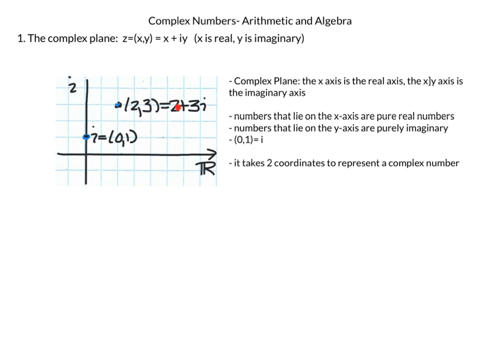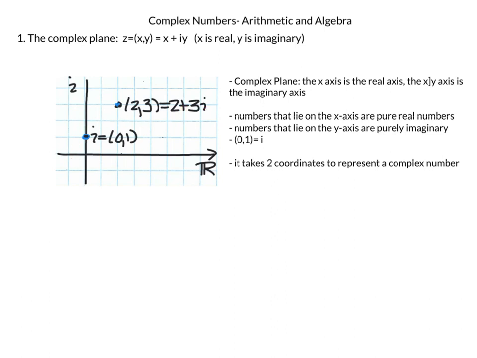So this 2 represents the x coordinate, the real portion of our complex number, and this 3 represents the imaginary part. So we go up 3 on the y-axis, and we get the point (2, 3). Again, (2, 3) represents the number 2 plus 3i.